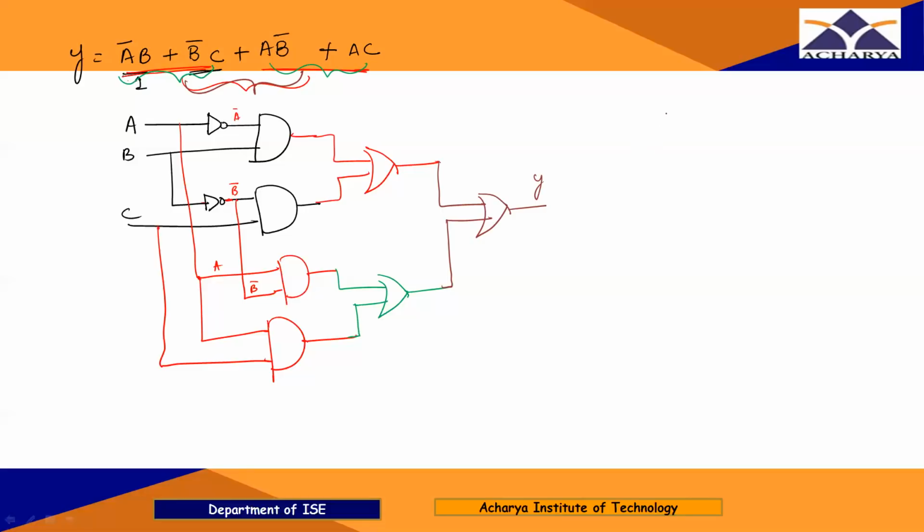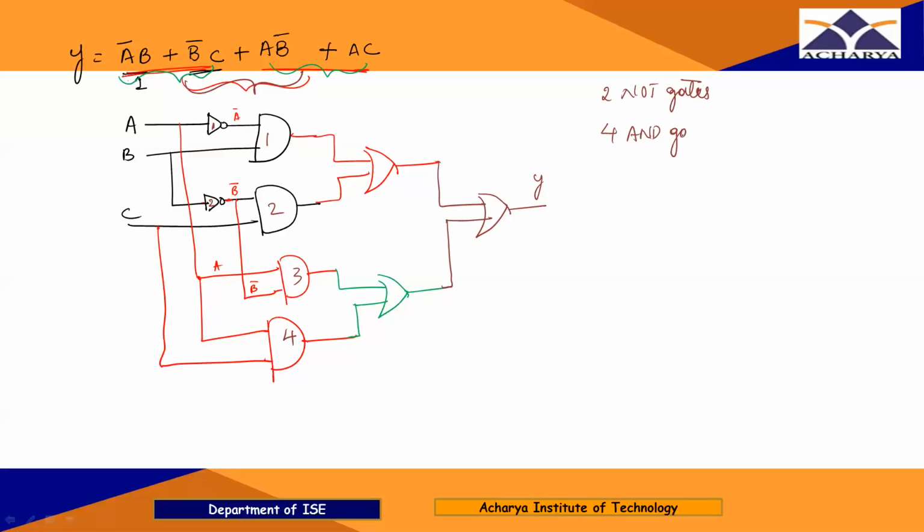So first let us count the NOT gates in the circuit, right? See here I have 1 and 2 NOT gates, right? So I have only 2 NOT gates. And how many AND gates? 1, 2, 3, 4. 4 AND gates.